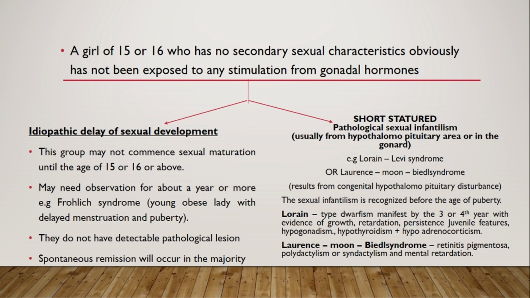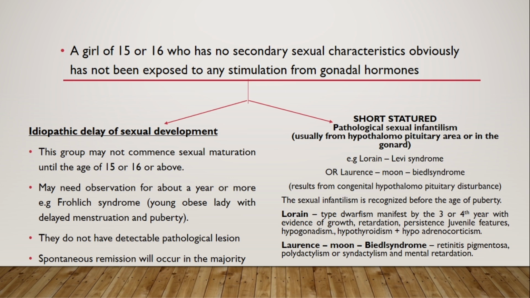The Lawrence-Moon-Biedl syndrome, in addition to these persistent juvenile features, hypogonadism and hypothyroidism, they have retinitis pigmentosa. They have eye defects. They tend to have polydactylism, in which case their fingers are more than 5, or syndactylism, which means there is fusion of the fingers, and mental retardation.